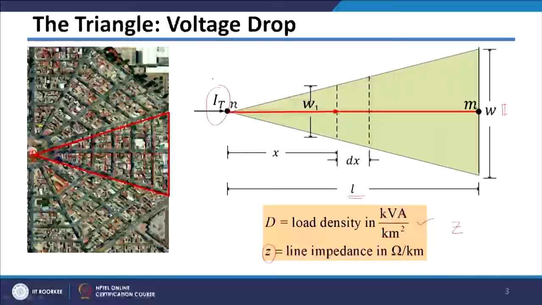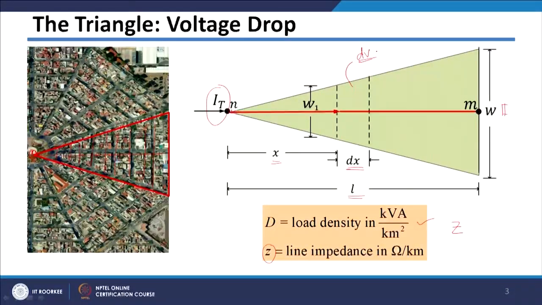We are interested in calculating the voltage drop from point N to M as well as the power loss from N to M. As in the rectangular area, we will find dV, the voltage drop in a small strip of length dx at a distance x from the source end.